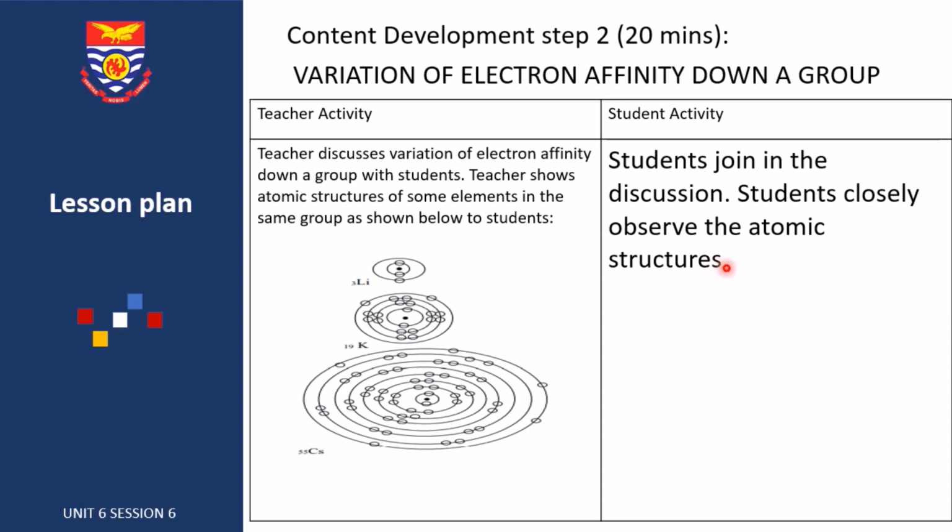What are students to do? Students are going to observe these structures that you are showing to them, because you're going to follow them up with questions. Once again, try to direct student thinking. The very observations you want them to make, try to at least give them a clue.